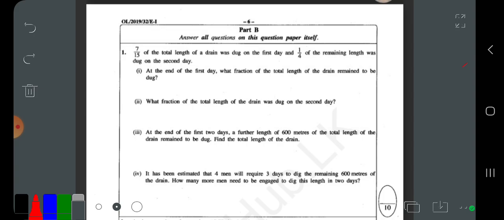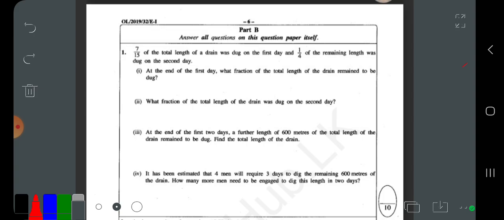With the answer, the remaining length, they're telling the remaining length, you need to multiply this 1/4, and only then can we get the second day's dug portion. Okay, right? And we'll go to the first question.